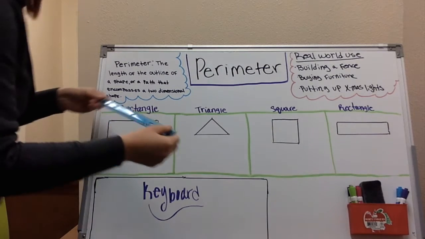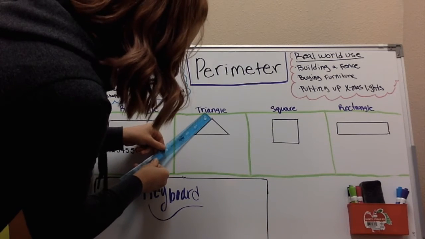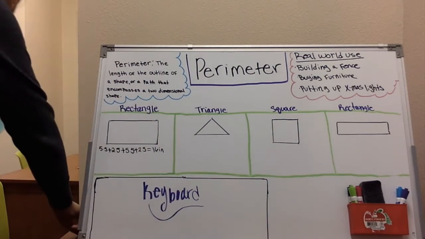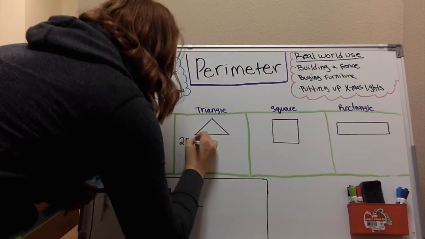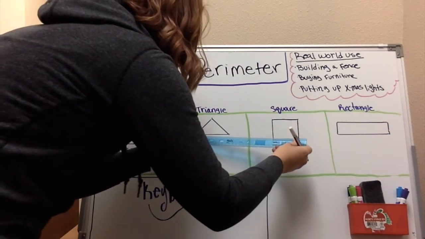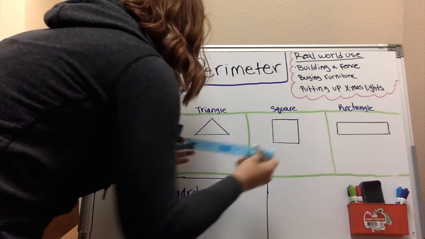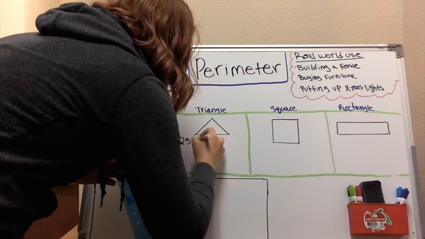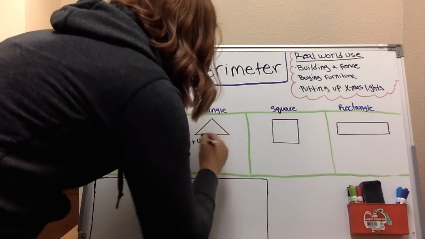So the triangle. We're going to go inches. That side's 2.5. So 2.5 plus, how long is this side? This side is 4. And this side is 2.5.